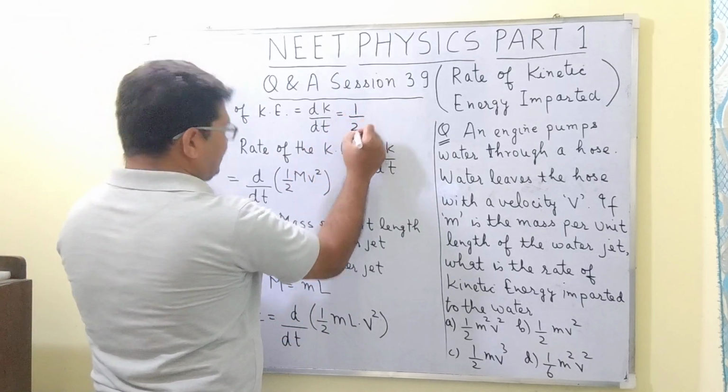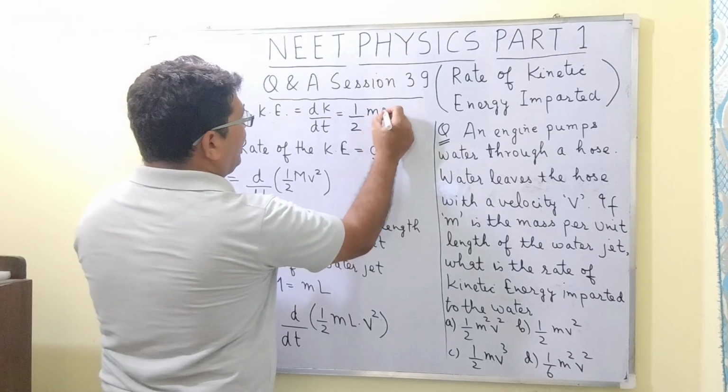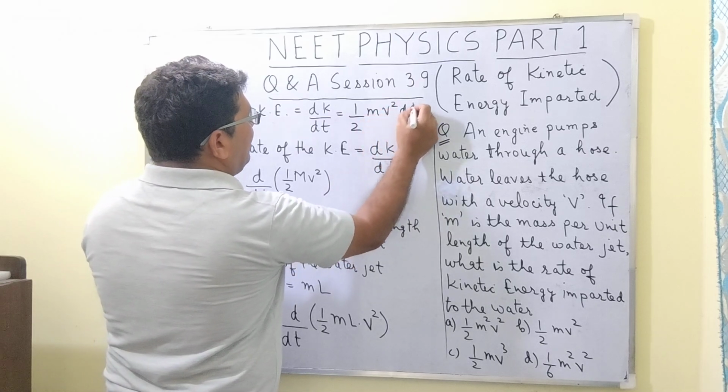So this equation can be further written as 1 by 2 m v square dL upon dt.